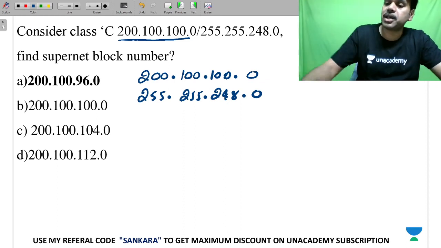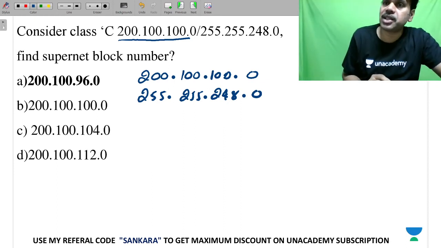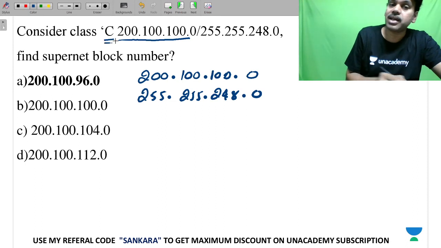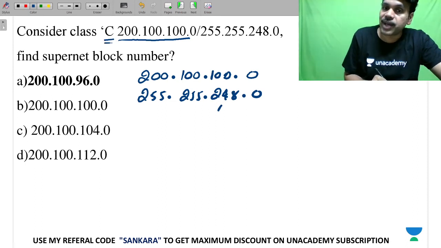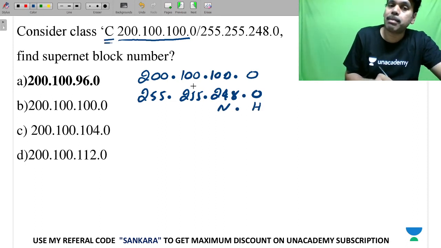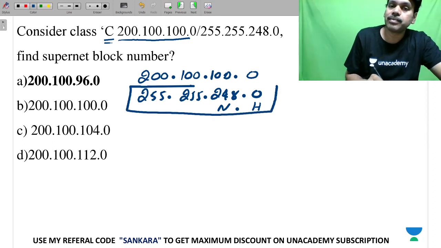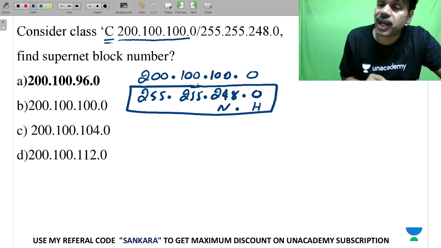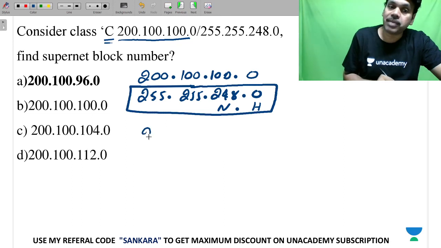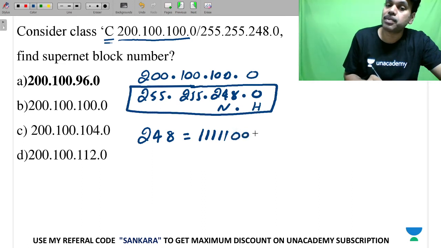Is it supernetted or not? Yes, exactly, it is supernetted under class C. Why? Because your NID part is manipulated in the mask. That means 248 can be written in binary as 5 ones and triple zero.